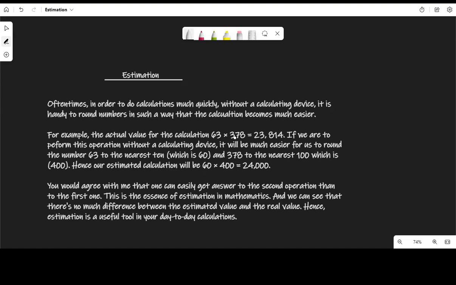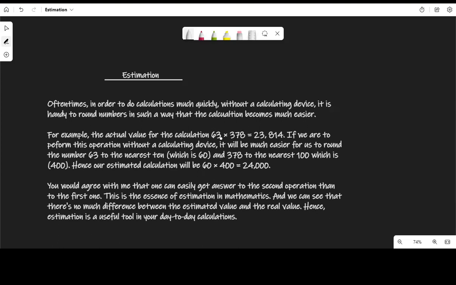If we don't have a calculating device to do this in our head, it will take us a lot of time. But when we round this number to the nearest 10, and this one to the nearest 100, it will become very, very easy to do the calculation.